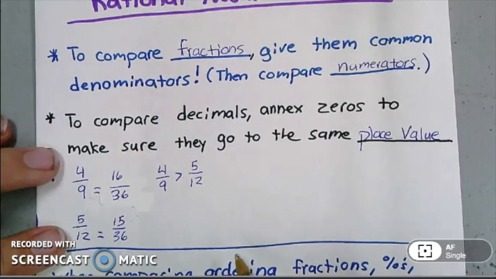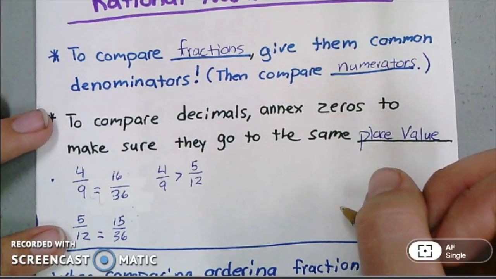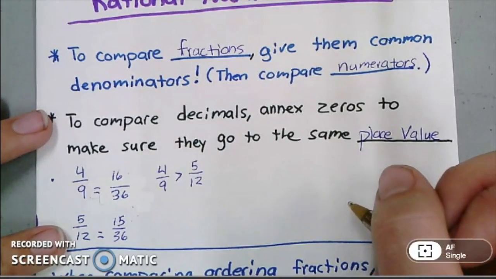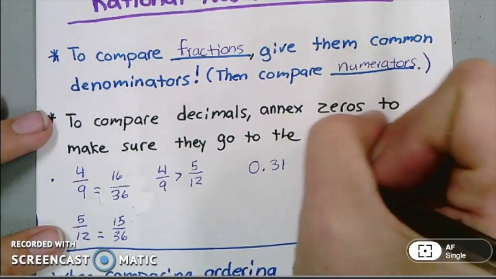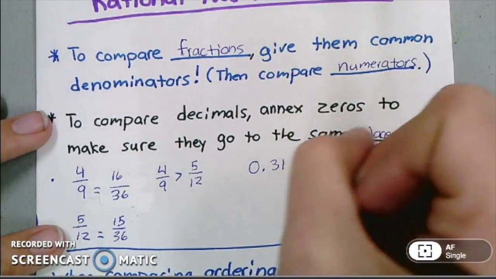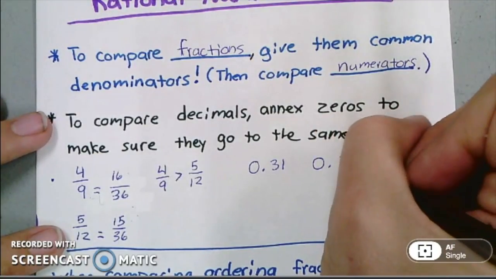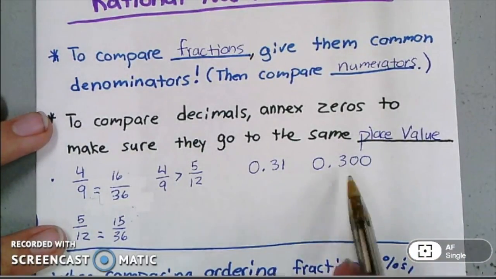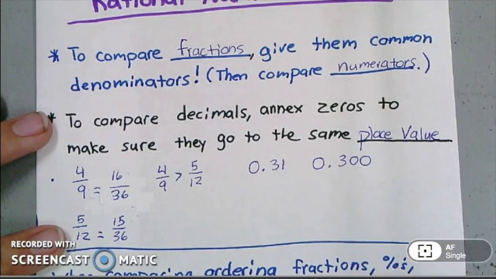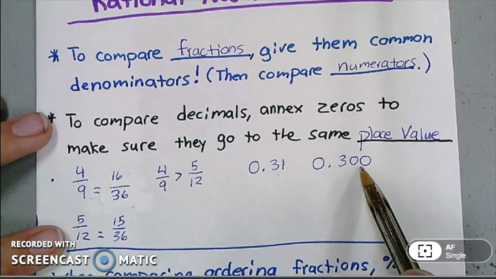That's how I compare. What about if we're talking about decimals? In the case that I have two decimals, 0.31 and 0.300, and it tells me to compare these two numbers, it can be confusing because I could see 31 and say, well, 31 is smaller than 300.